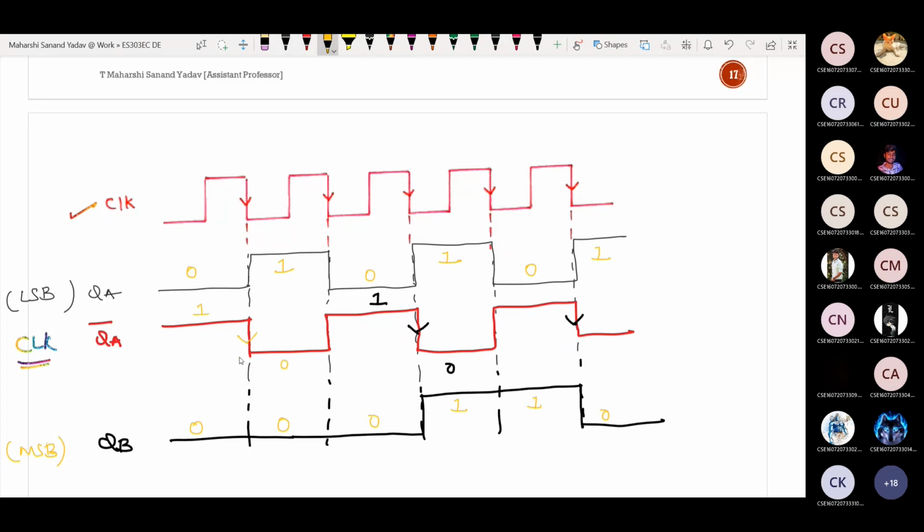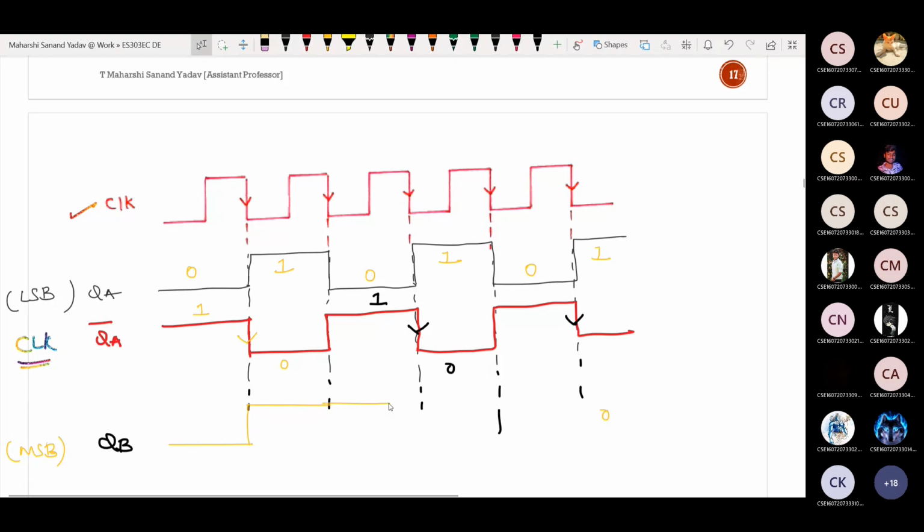Here also, 1 to 0, you need to apply the negative edge or else your diagram will go wrong. Initially this is 0, and when there is a trigger it changes to 1 and stays until the next edge trigger, then goes to 0, constant, again 1, and so on. Now you compare.